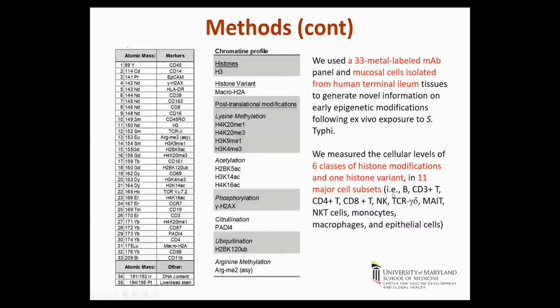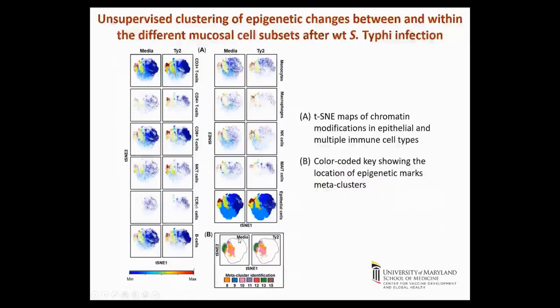In fact, we tested 11 major cell subsets, including B cells, CD3 positive T cells, CD4, CD8, NK, TCR gamma delta, MAIT, which are the mucosal associated invariant T cells, NKTs, monocytes, macrophages, and epithelial cells. So mass cytometry allowed us to study all of these subsets concomitantly with the expression of 6 classes of histone modifications and 1 histone variant.